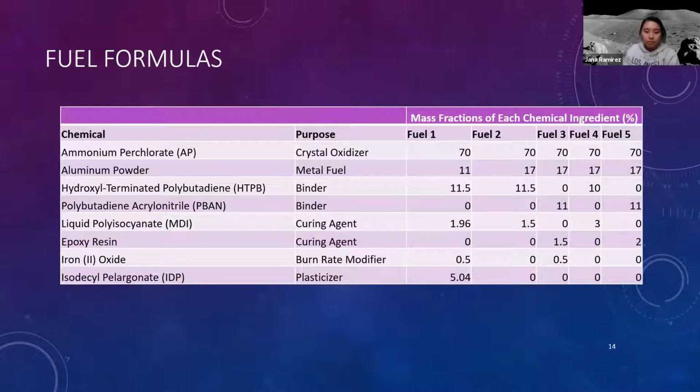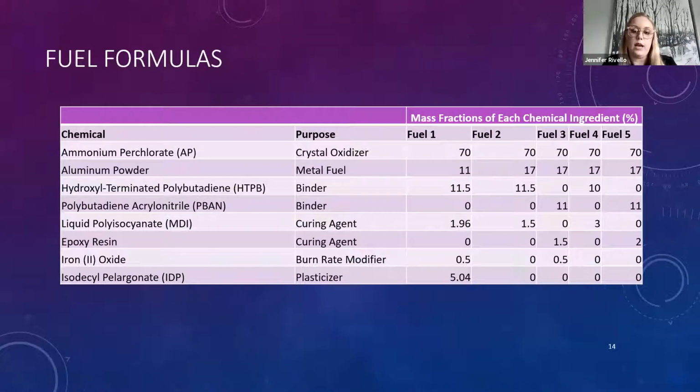And as you can see, each fuel has 70% of ammonium perchlorate, and all of them but one have the same amount of aluminum powder. We did this for the sake of consistency, to see if we were to alter the percentages of any other of the chemicals, whether we can see trends or discrepancies in the propellant.